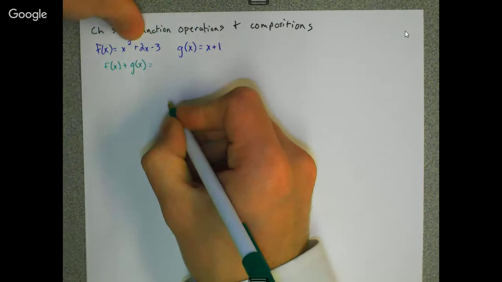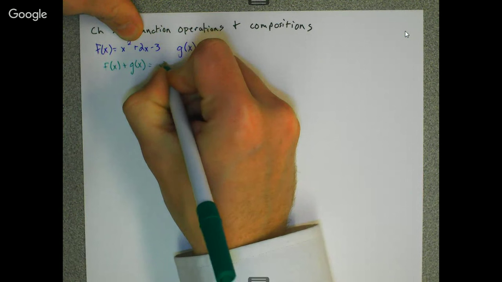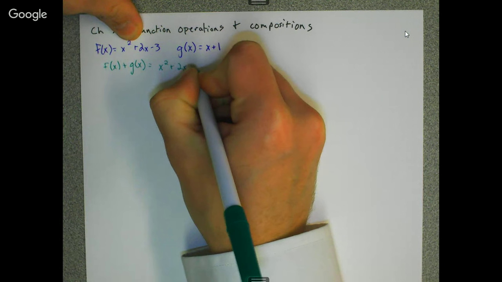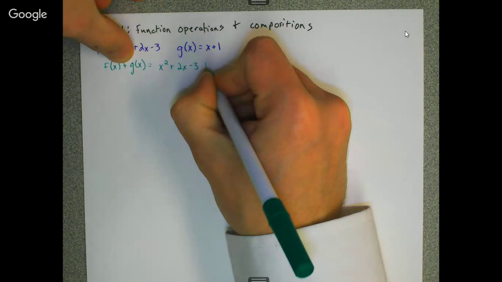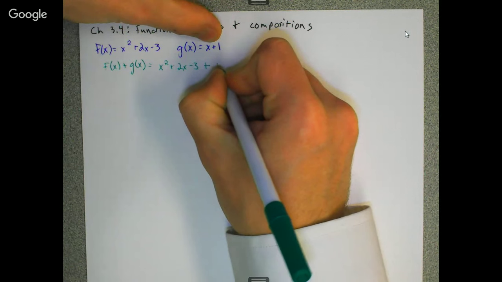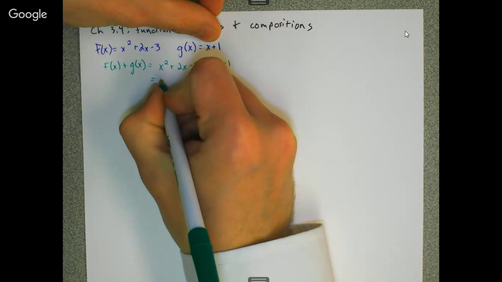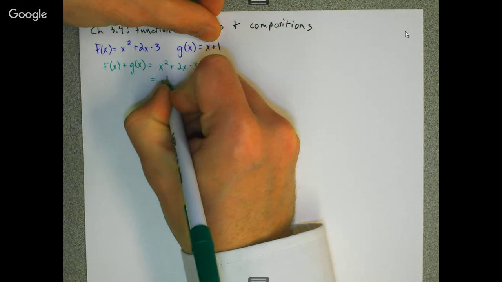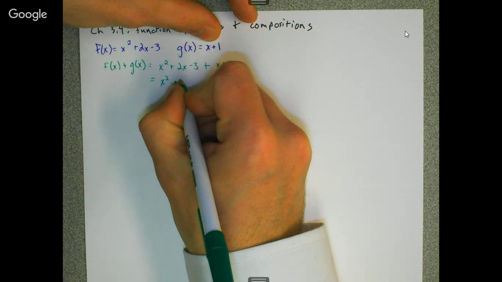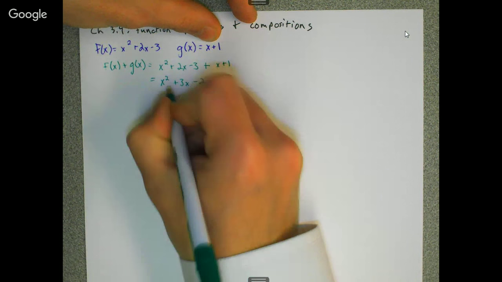So we'll take my f function, x squared plus 2x minus 3, and we will add to that my g function, x plus 1. So all we have to do is combine like terms. So x squared plus 3x minus 2.